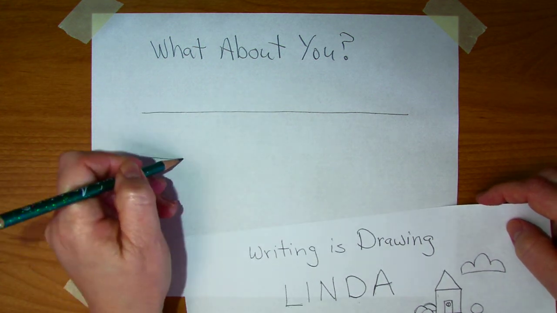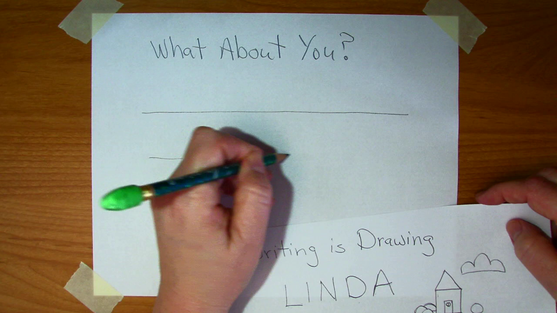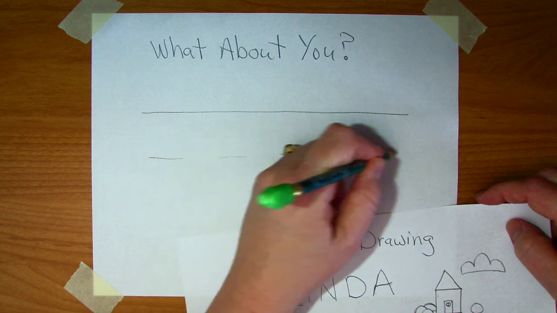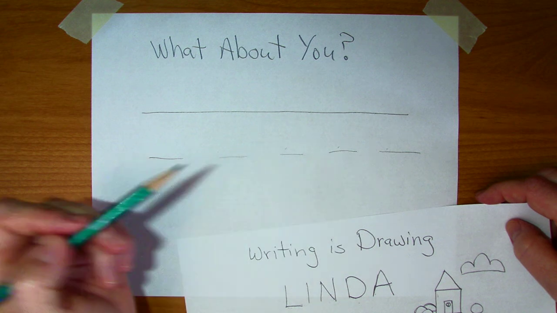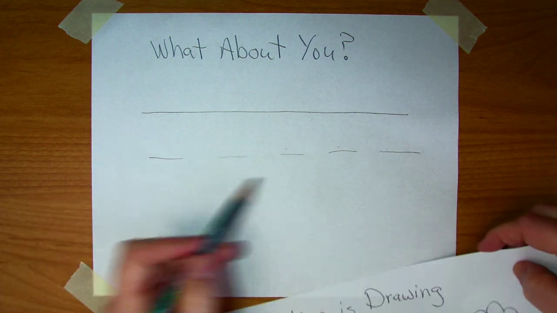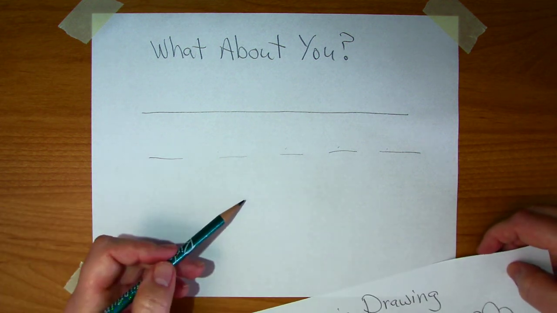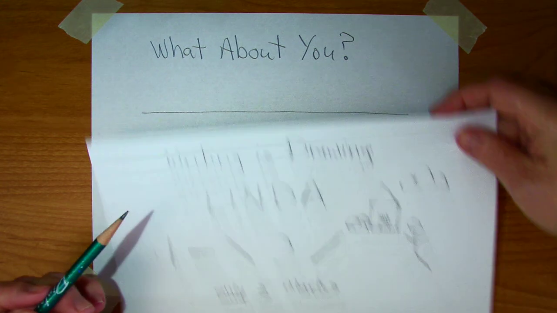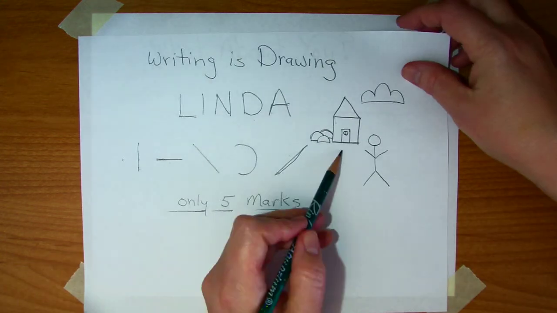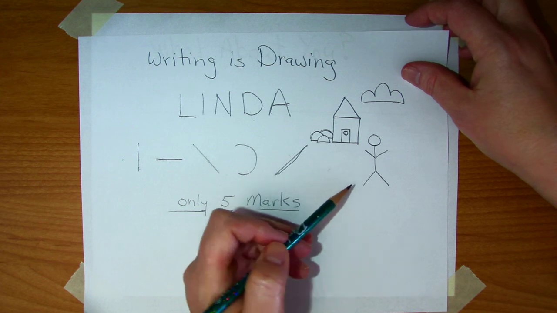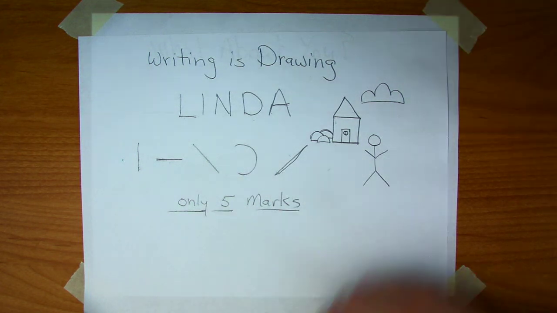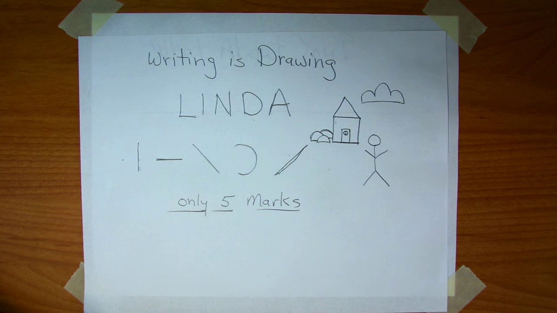Separate them out. All the marks. Put all the marks in a row for your name. And then in the space below, draw your pictures. Draw pictures of what you can create with the marks in your name. Have fun, and I look forward to seeing all the amazing things that you create using writing as drawing.